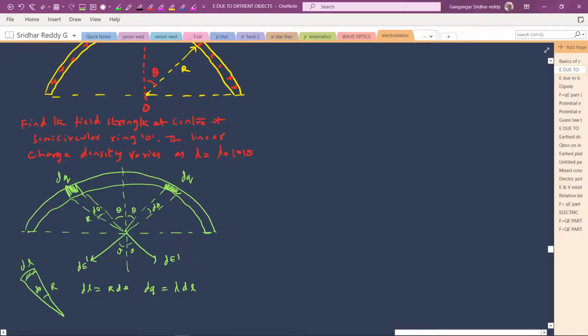Now the field due to an individual element. Two elements I assume. So the field due to this element here will be in this direction. Similarly, the field due to this element will be in this direction.